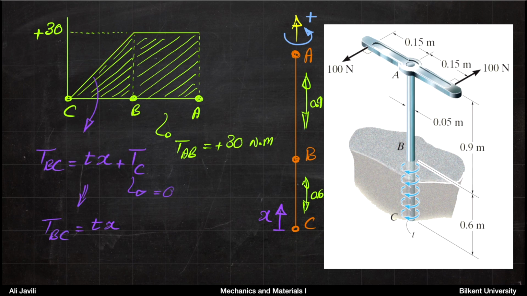Okay, so if you think of torque between C and B, or from B to C, the equation for that line is tx plus Tc. So it's the usual relation like y equals mx plus b. But we know b is 0 because it's equilibrium at C. So you don't have an external torque at C. And that means TBC, the line equation, is just tx.